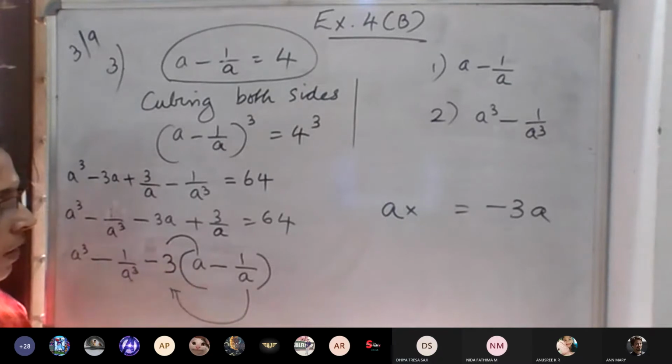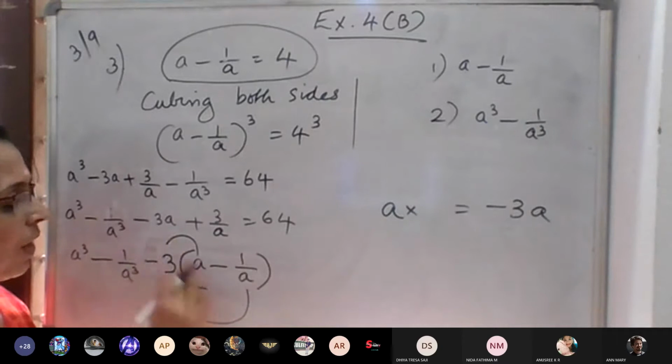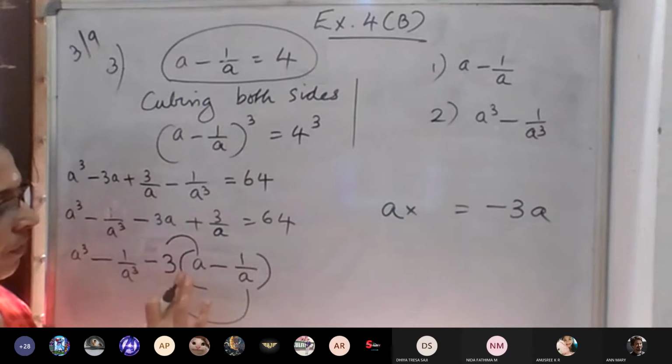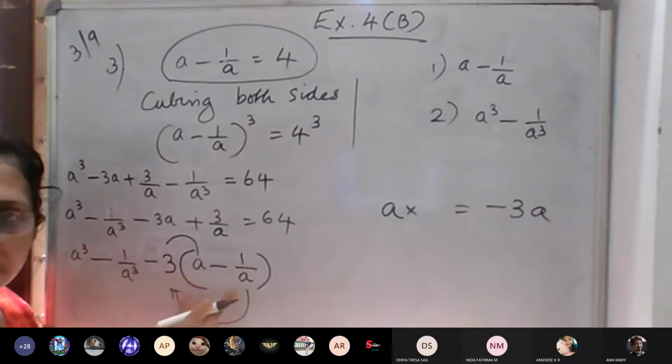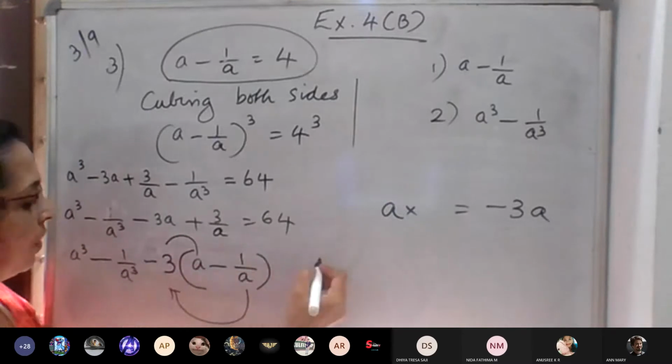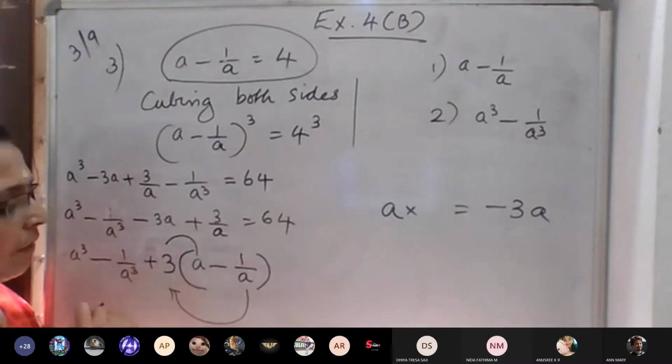Okay, -3. So if we change the brackets, you will get automatically -3 into a is -3a, negative into negative, positive 3 by a. Why I said it this way: here 3 and 3 are common, that 3 we can take common. Usually we will take a positive 3, so it will be difficult.